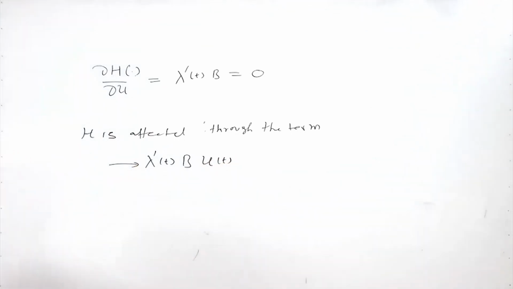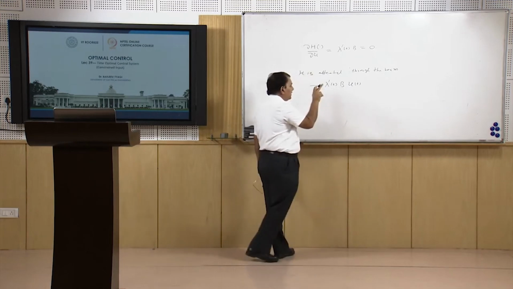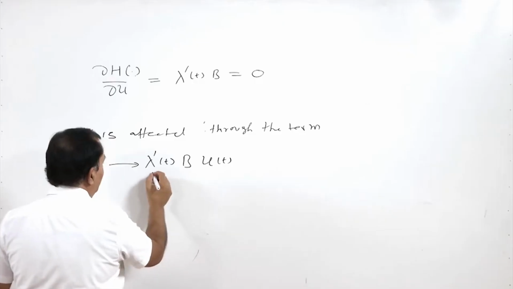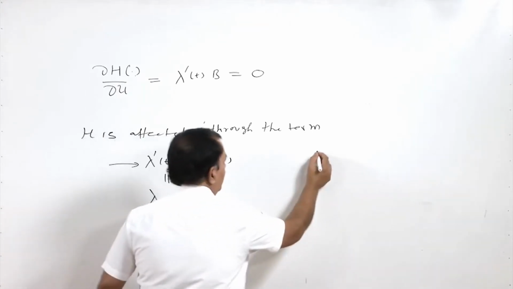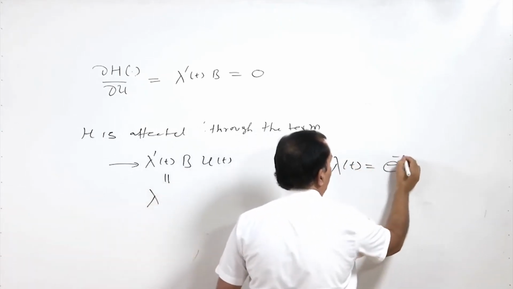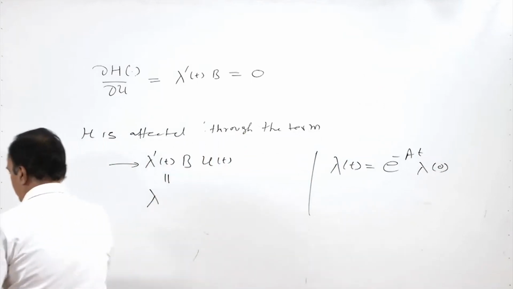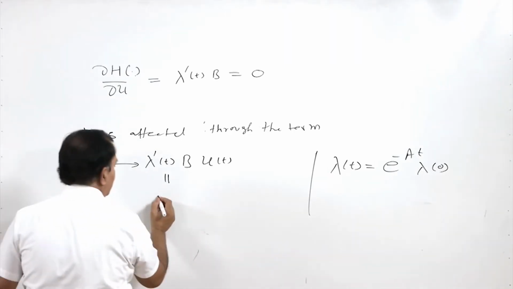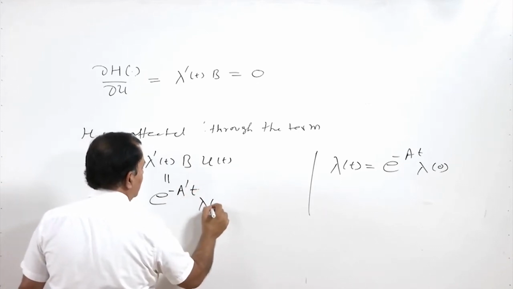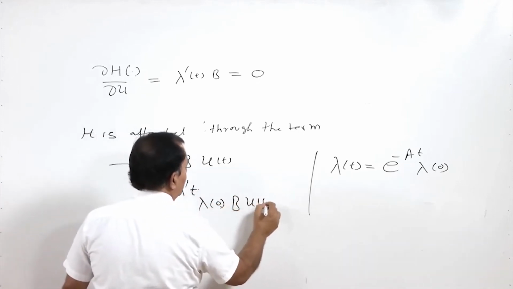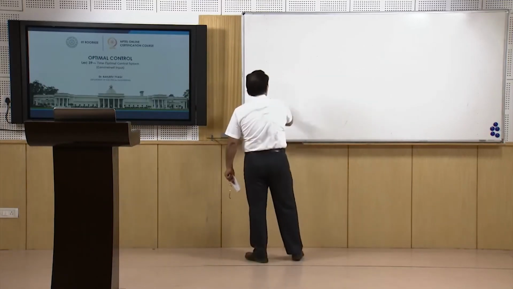This is the term which is affecting the H, and my objective is to minimize the H. Because my solution of the lambda t was e to the power minus A t lambda 0, if I take the lambda prime t, I can write this as e to the power minus A prime t lambda 0 B u t.